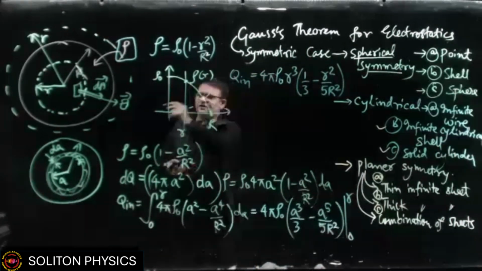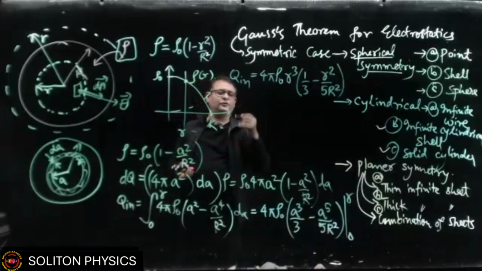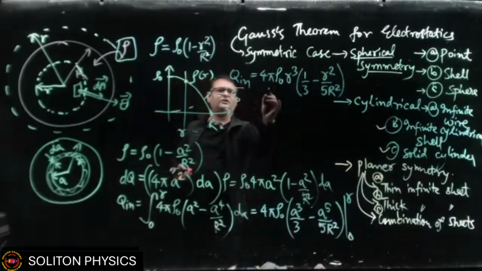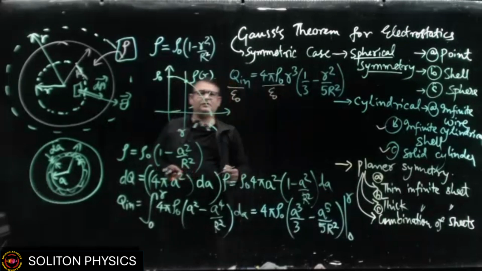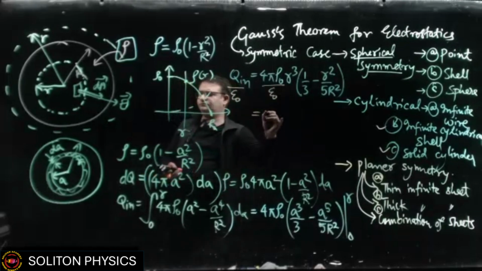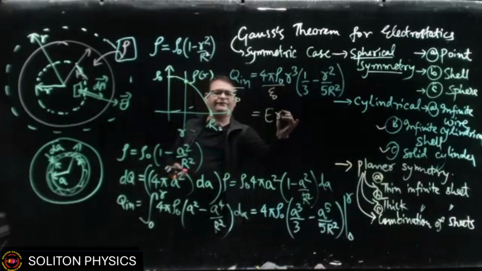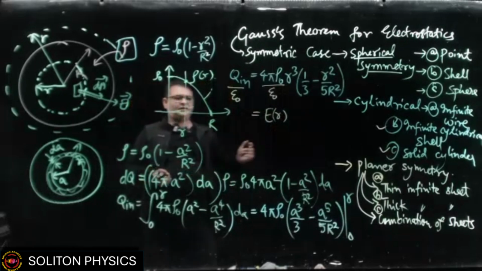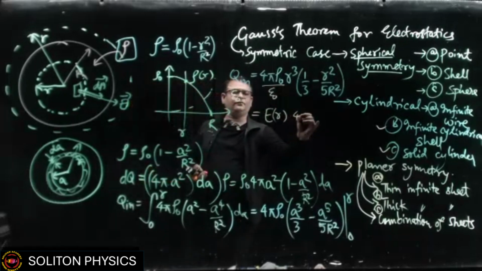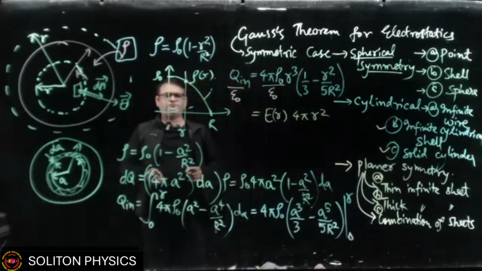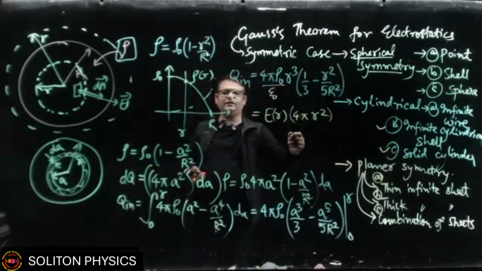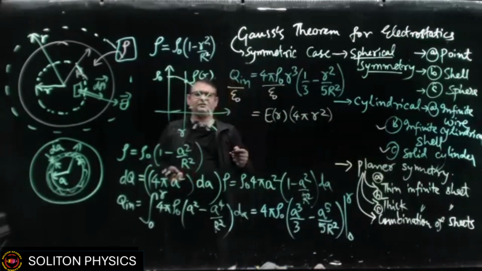Now this q inside divided by epsilon naught is equal to whatever the radial field is, times 4 pi r square, because this was the integral of dA.